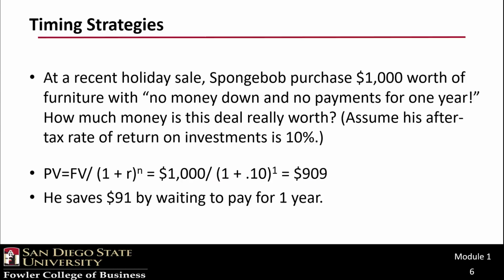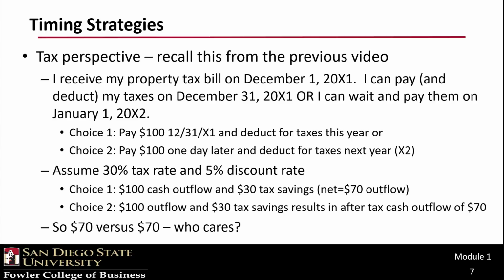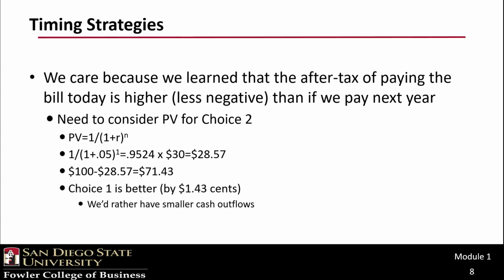So by waiting to pay for this with no money down and no interest, SpongeBob is going to save $91 by waiting to pay for this furniture for a year. Hopefully that makes sense, especially since in our last video, we did a tax-based example. And we saw how the present value of money affects after-tax cash flows.